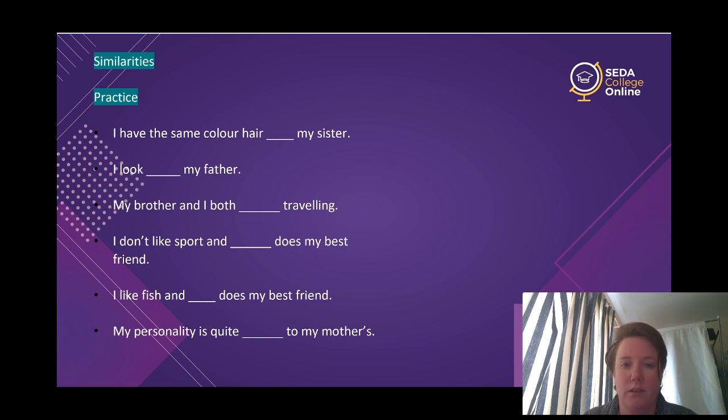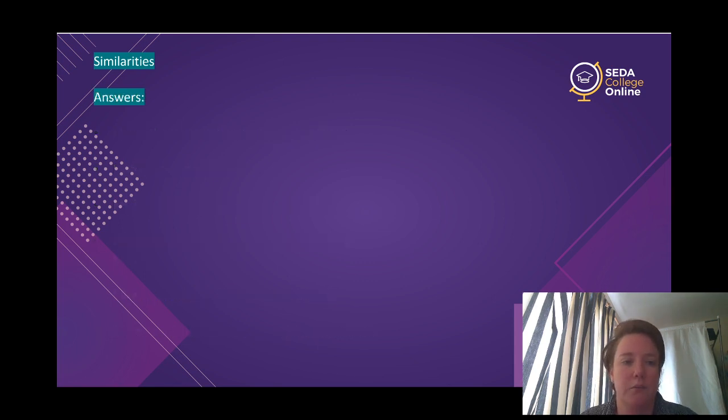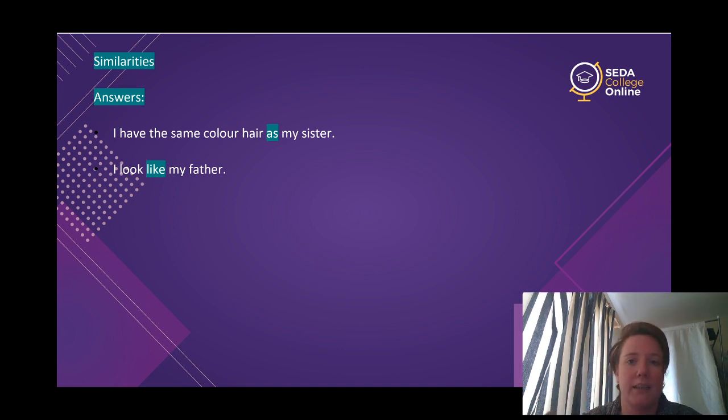Okay, so let's go through the answers, okay? So when we're talking about similarities to hair and physical, I have the same color hair as my sister. Okay, so we use as in this case. I look like my father. Physically, I look like. My brother and I like traveling, so we're talking about hobbies.